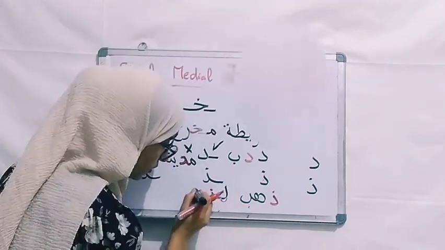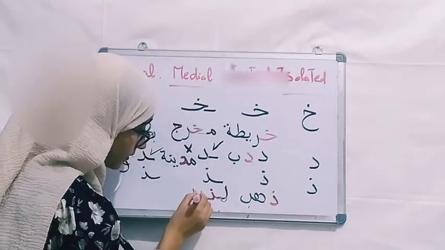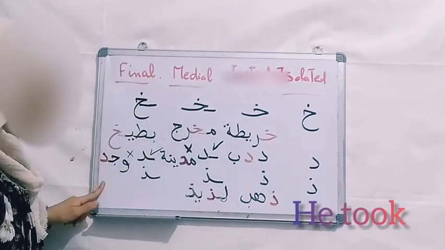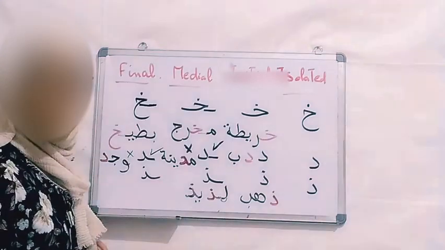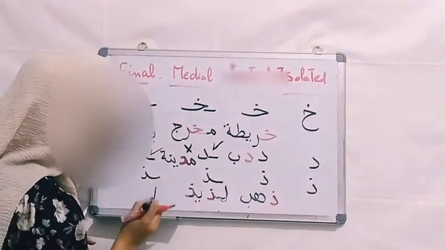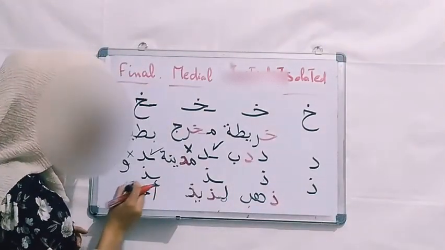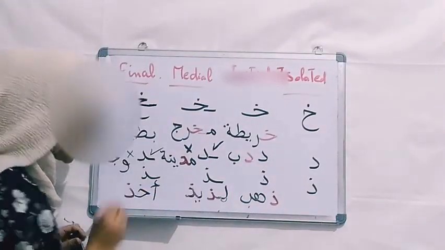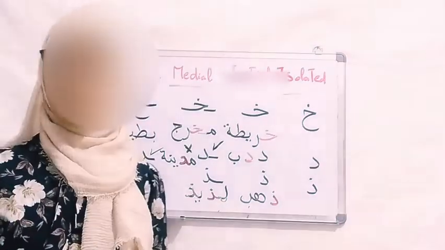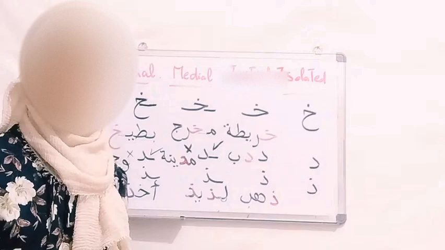Also here, لذيذ. In the final form, we have أخذ, means he took. أخذ. Okay? He took.